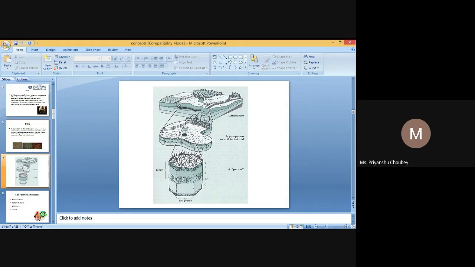The following two processes are involved in the genesis of structure. First one is flocculation.